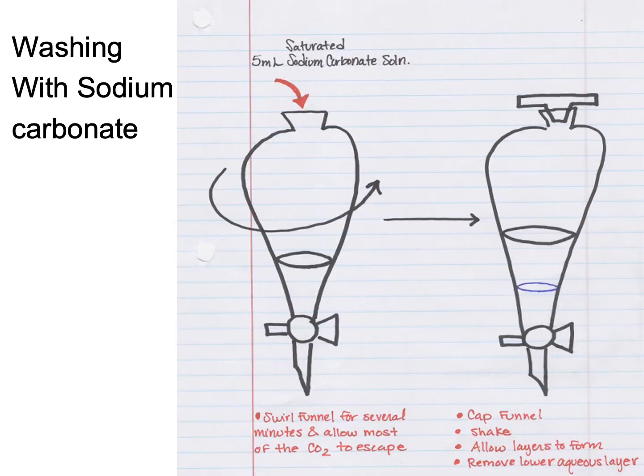So we are going to mix the sodium bicarbonate with the product gently in order to remove the extra acetic acid and sulfuric acid.